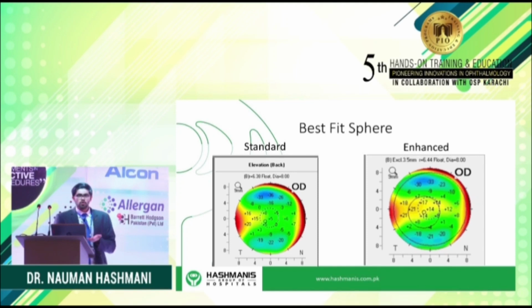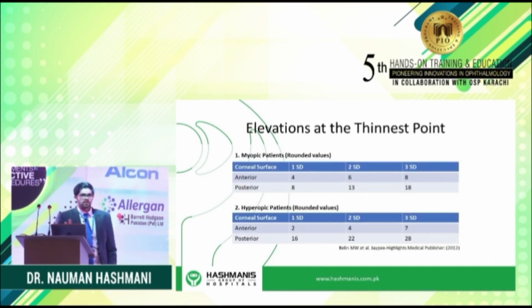And you can now actually see the cone. You're getting a plus 21, plus 17 elevation, and you can see the position of the cone, which is around here. And this, again, is the quantitative analysis that you need to be looking at. You can compare the standard and the enhanced best fit sphere, which you will see in the Belin Ambrosio display. They do this very well.